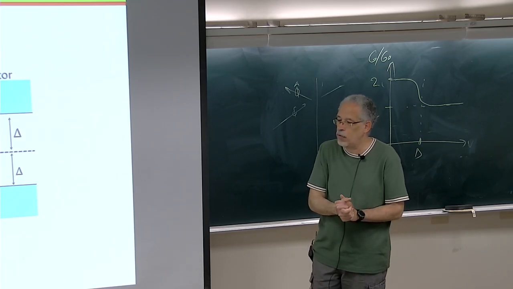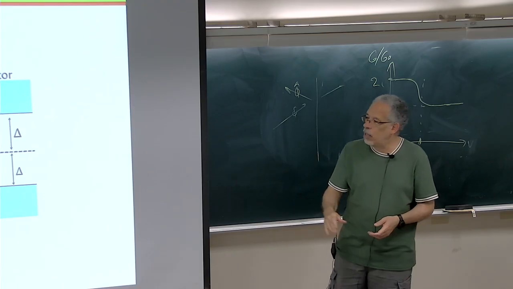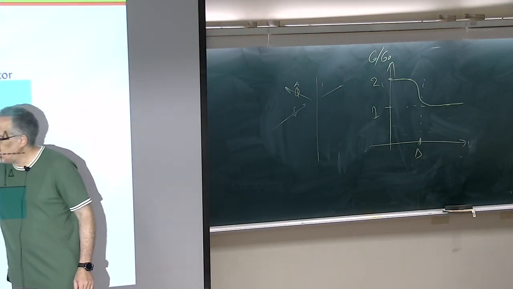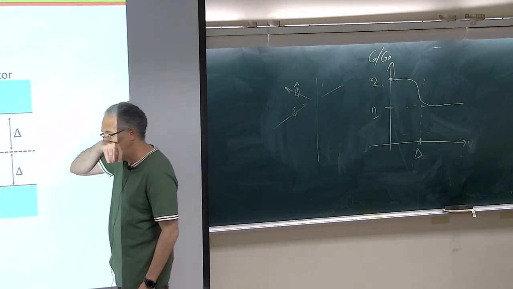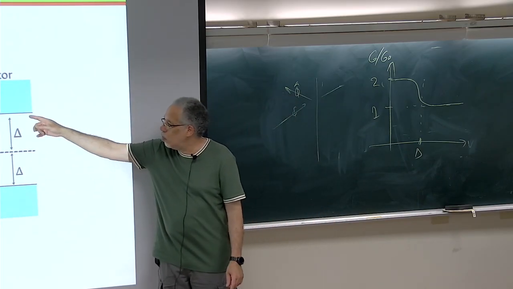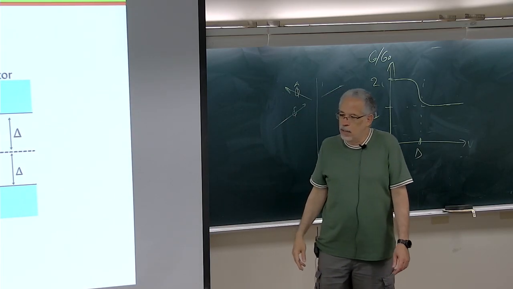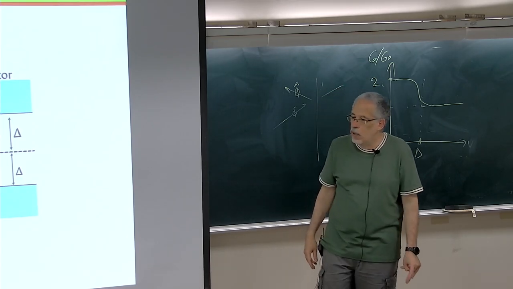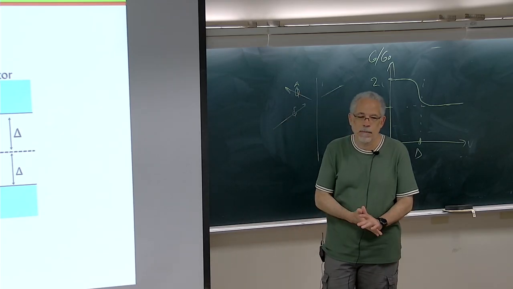If it's a p-doped semiconductor and you have holes, then you will have the same, but with holes in the valence band and not electrons in the conduction band. Compared to a semiconductor, this superconducting gap is extremely small. A semiconductor gap is typically around 1 eV or more, but here it is just millielectron volts.